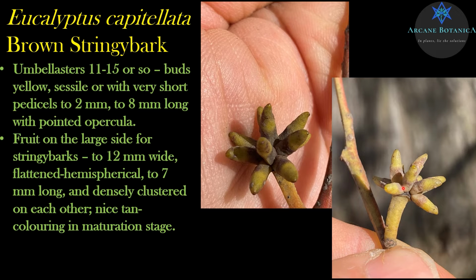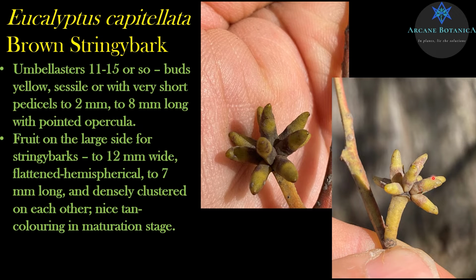This is from another tree, but I'm just assuming this is more of a maturation stage. So here the operculum is starting to lengthen out a bit. And I think it gets to a point where it becomes about as long as the hypanthium.